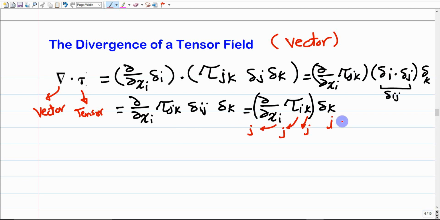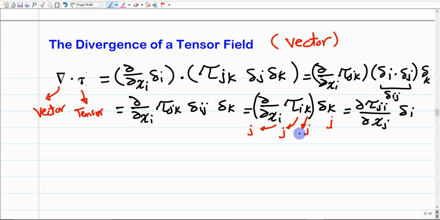Make sense? So it means that this is fine. This is typically equivalent to this form, which is partial tau ji by partial xj delta I. Both are typically the same.